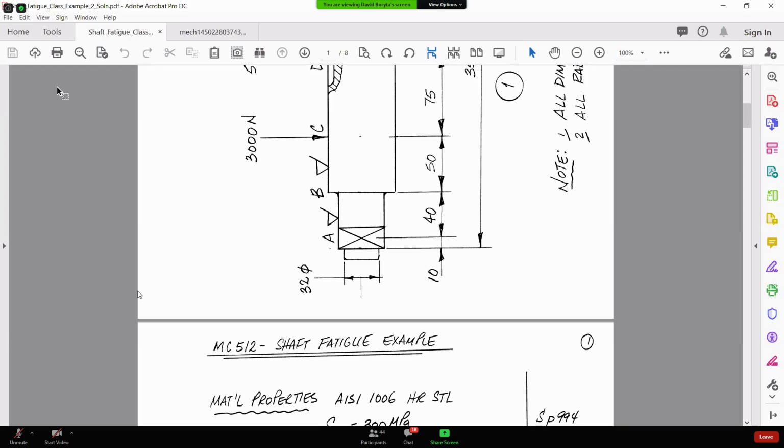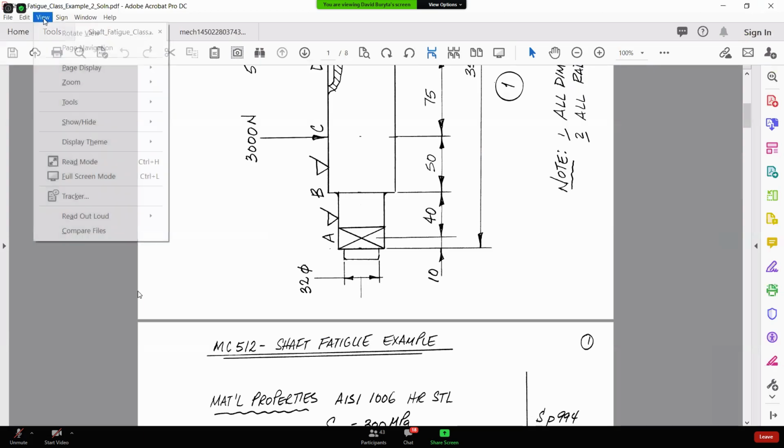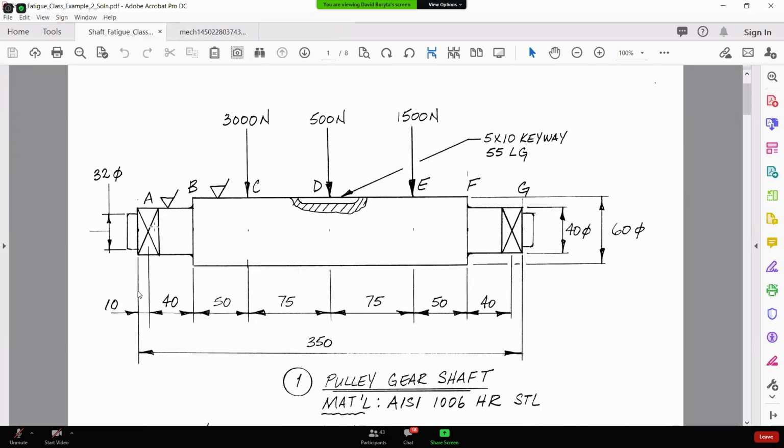Now, be careful because if you were to look at this shaft initially, without doing any sort of analysis, would you predict that it would fail at this shoulder? Anybody?